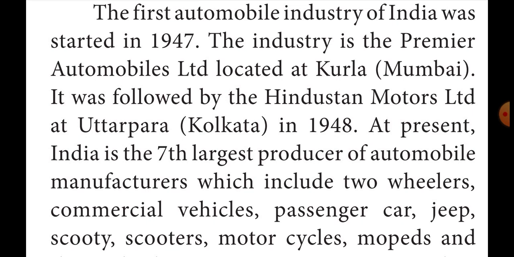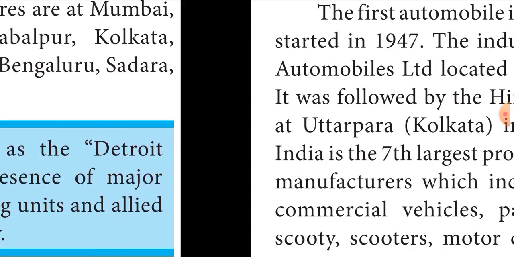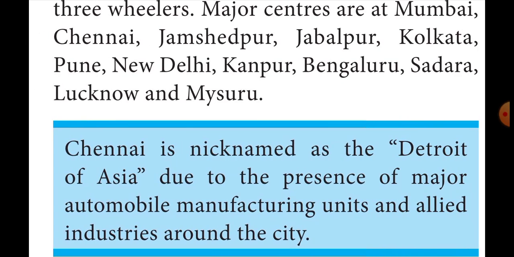It was set up in 1948 near Kolkata, at Uttarpara. From here, two wheelers, commercial vehicles, passenger cars, jeeps, scooters, motorcycles, mopeds, and three wheelers, so many things are produced.